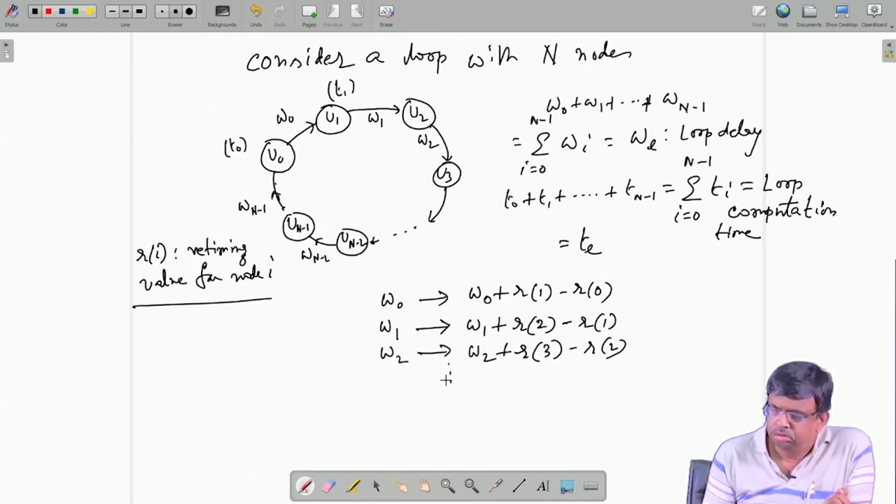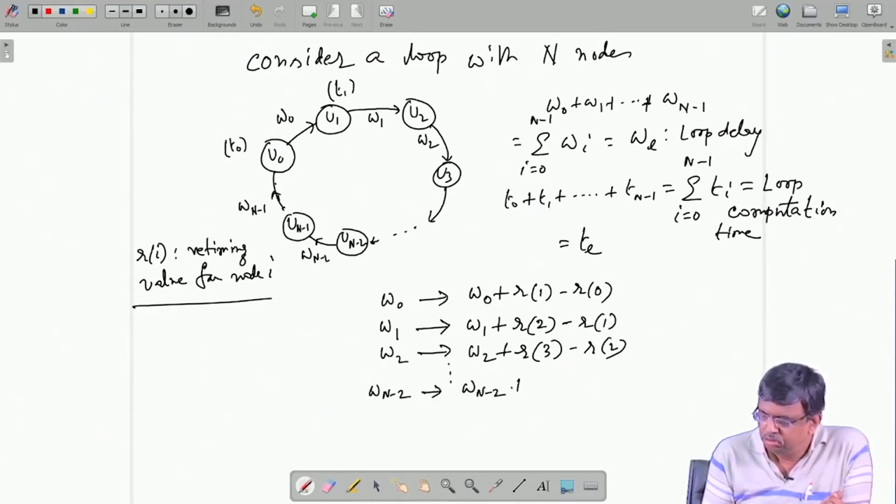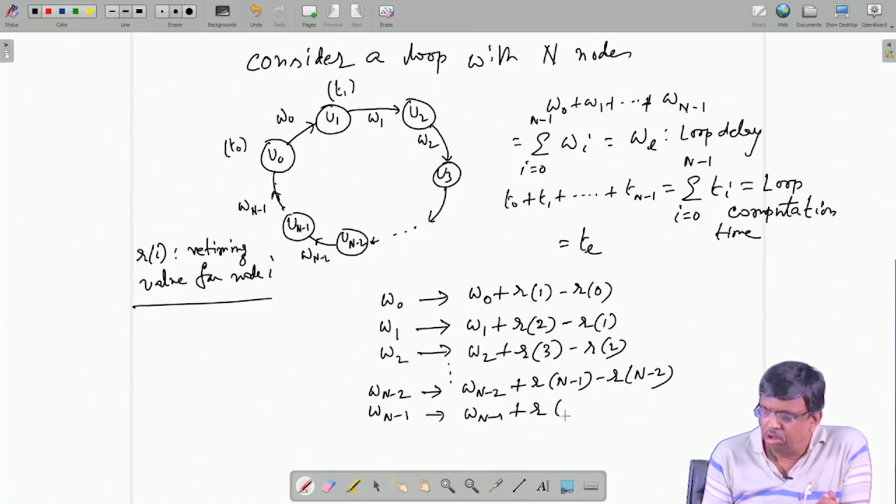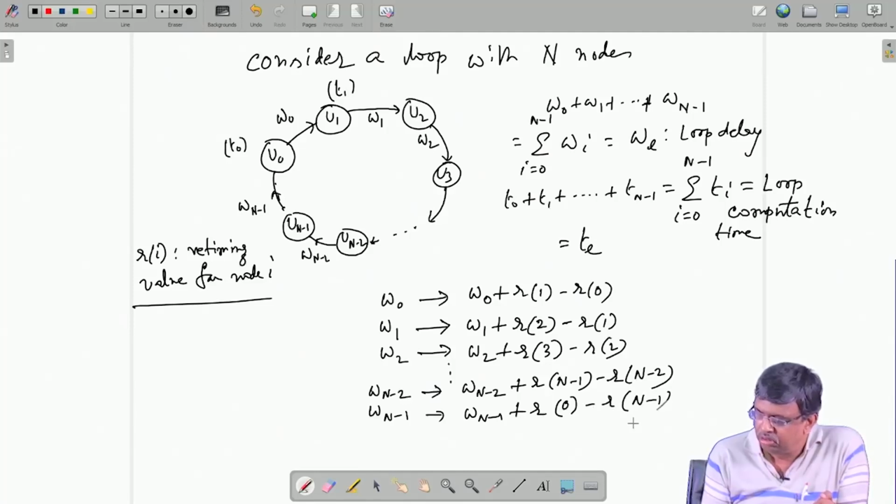Dot dot dot, W n minus 2 will become W n minus 2 plus R of n minus 1 minus R of n minus 2, and W n minus 1 will become W n minus 1 original plus R of 0, because U0 is the destination here, minus R of n minus 1.